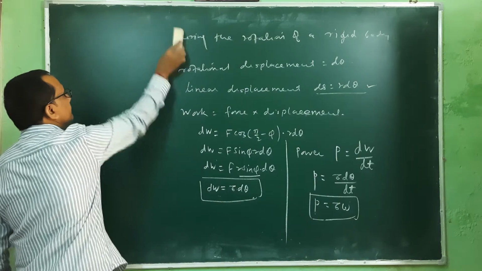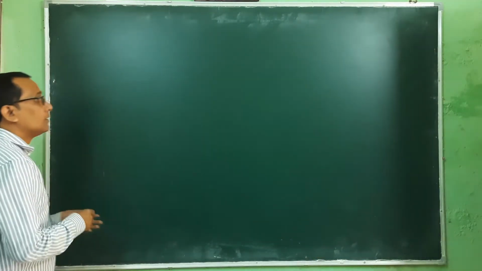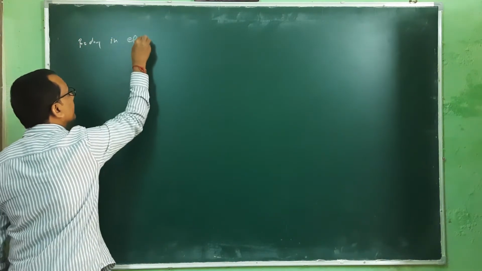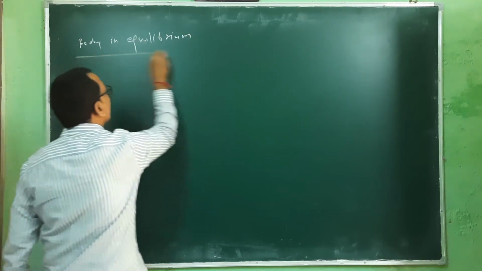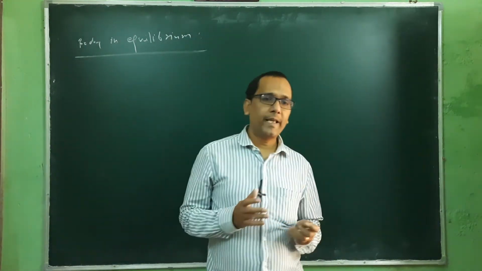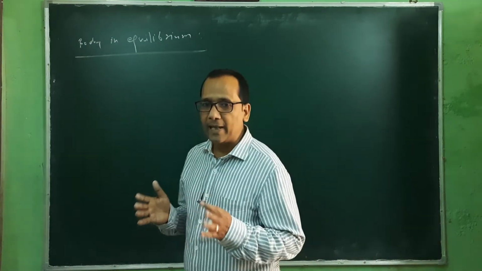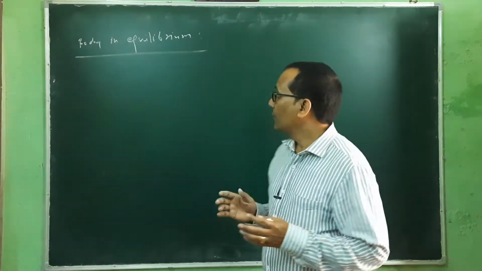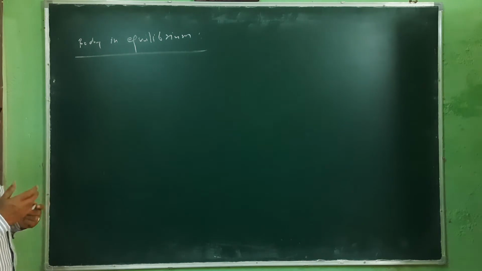Now, body in equilibrium. A body in equilibrium means it is in static form, in balanced form, and there is no changing position.